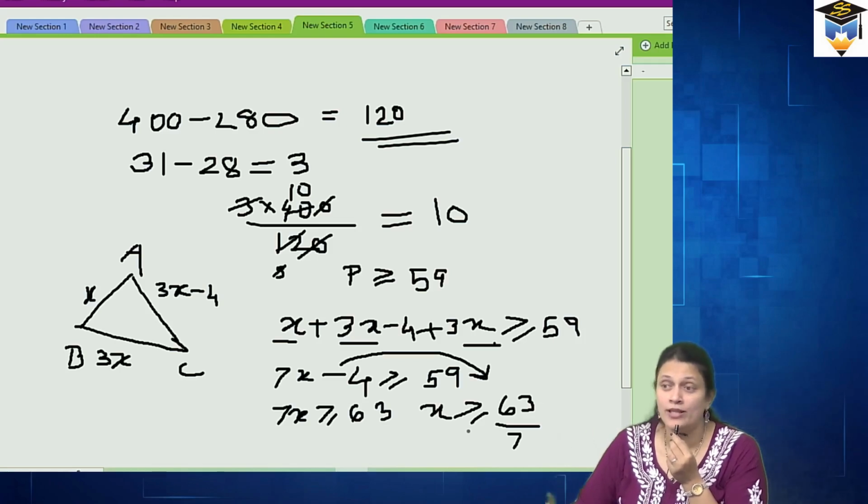Now remember one important thing over here. Suppose if this value was minus 7, and you have to change it to the other side, I'll write it down here.